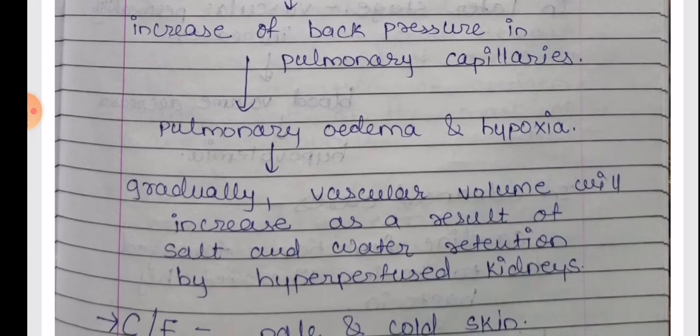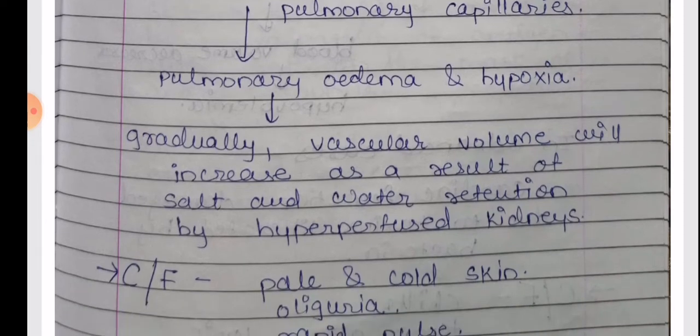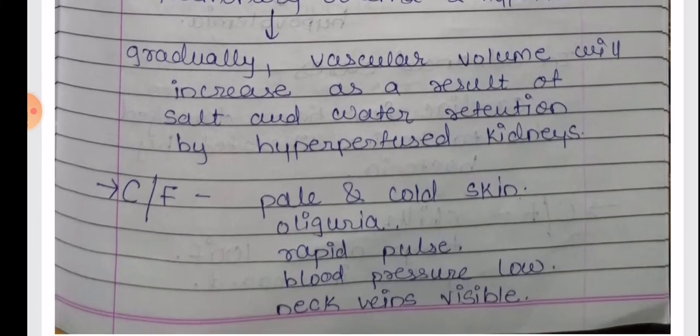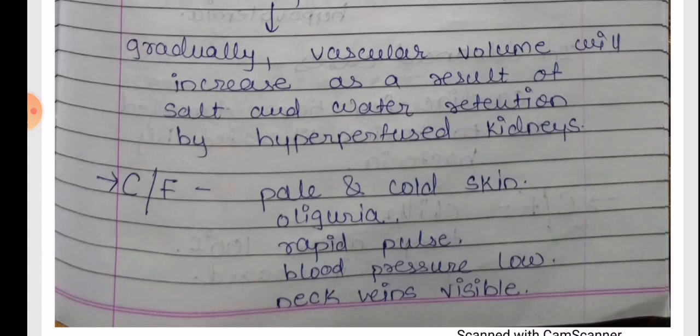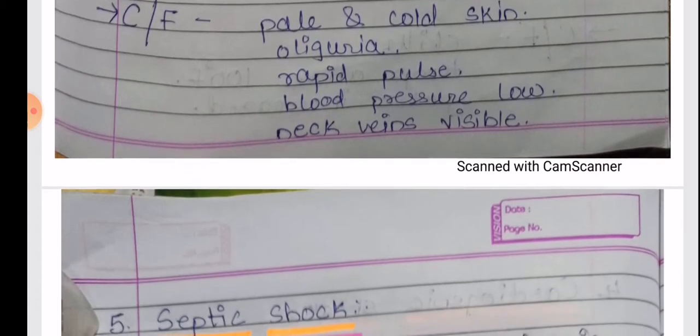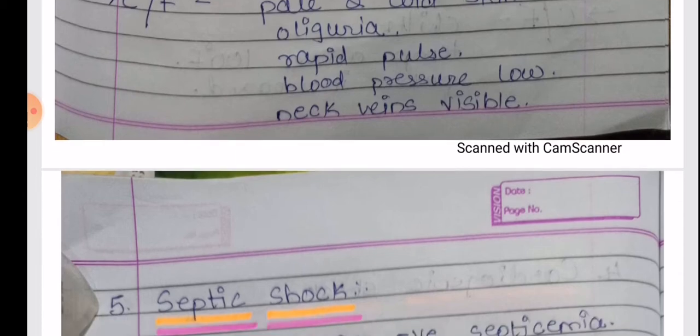And once hypoxia is generated, gradually the vascular volume will increase as a result of salt and water retention by hypoperfused kidneys. Some clinical features of a cardiogenic shock could be pale and cold skin, oliguria, rapid pulse, blood pressure which is low, hypotension again, and neck veins are visible.